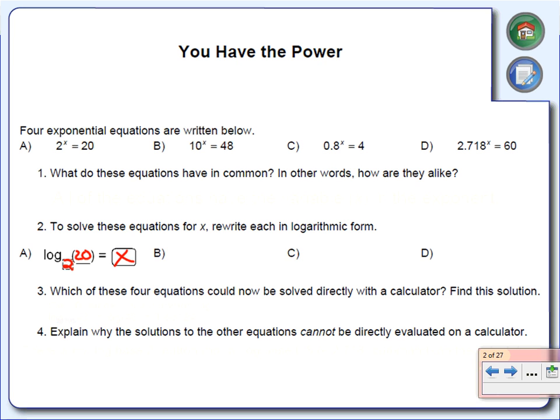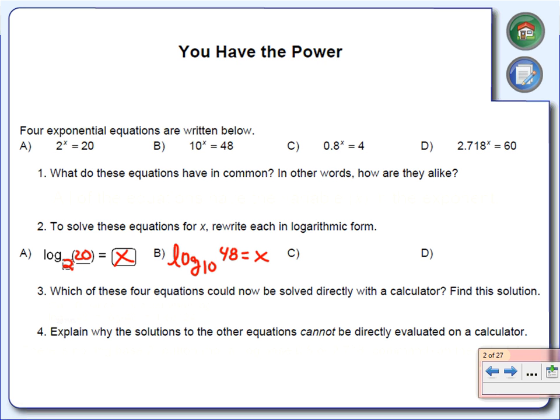So all I'm doing right now is rewriting. Let's do the same thing for b. Let's take the exponential and rewrite it in the form of a log. So that becomes log with what base? 10 of what? 48 equals x. Do I have to put the 10? No. Remember, if it doesn't have the 10, it's a common log.